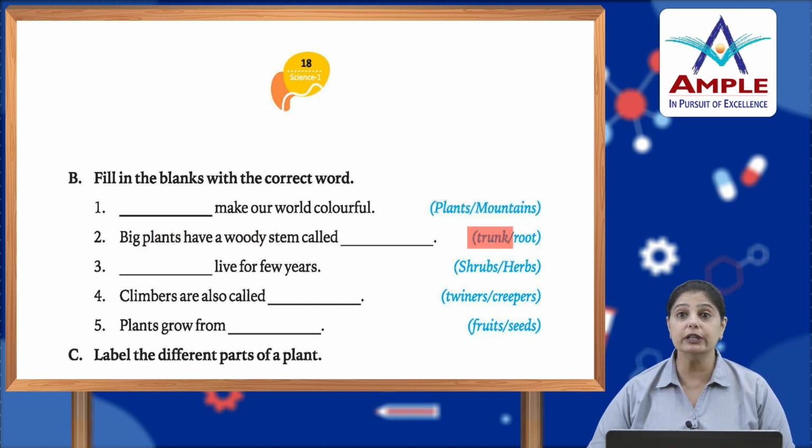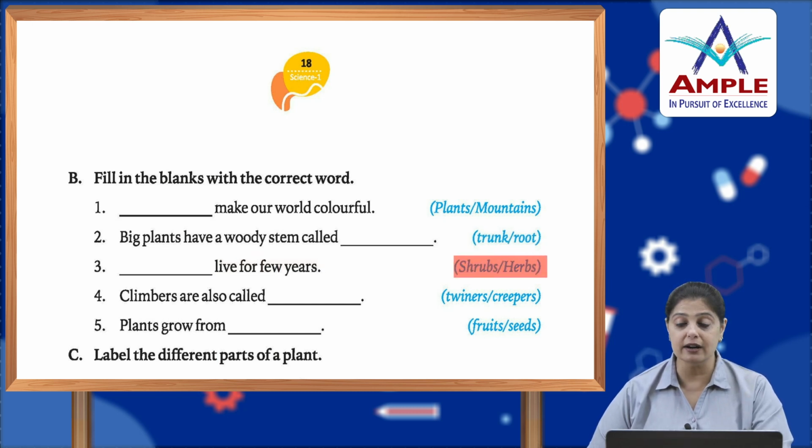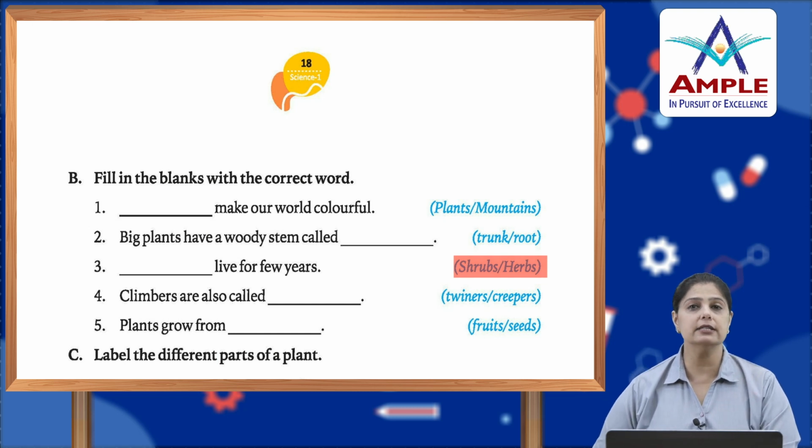Big plants have a woody stem called trunk or root. It is a stem, it is a trunk, alright. Next, dash lives for few years. Shrubs or herbs, okay. Now, shrubs, they live for few years, okay. They keep changing or they are sometimes seasonal. They live only for one season.